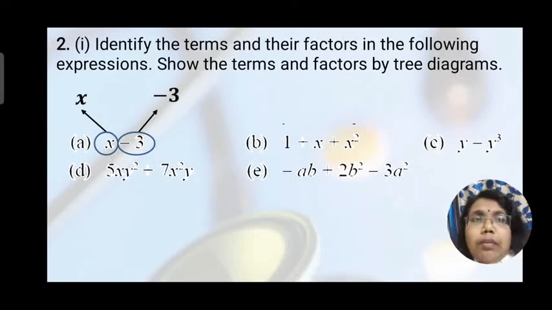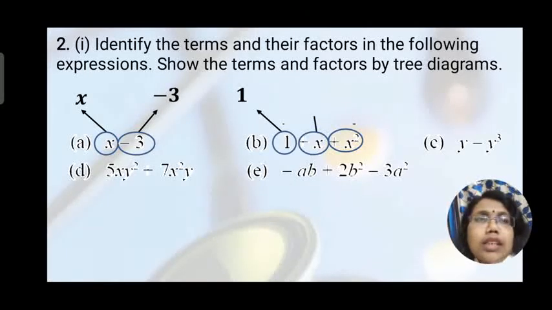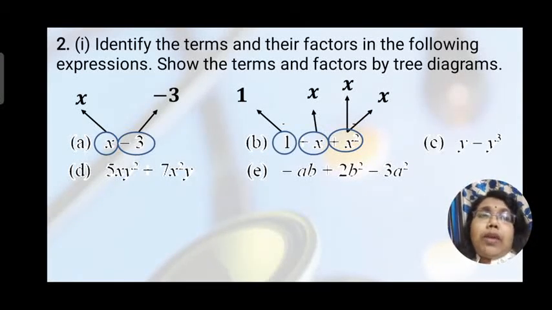Then the second one, 1 minus x plus x squared. So the terms are 1, minus x, and x squared. So these are the three terms. Now the factor of 1 is 1, of minus x is x, and of x squared the factors are x and x, because there are two x's involved. The power given to x is 2, therefore 2 x's.